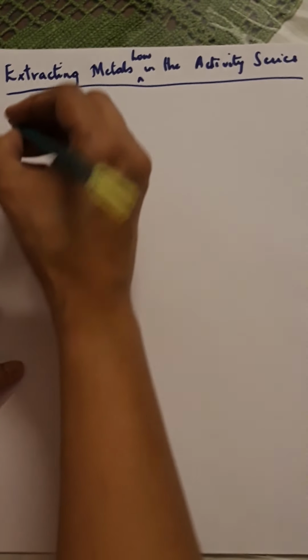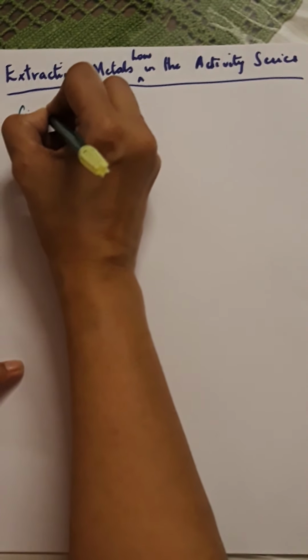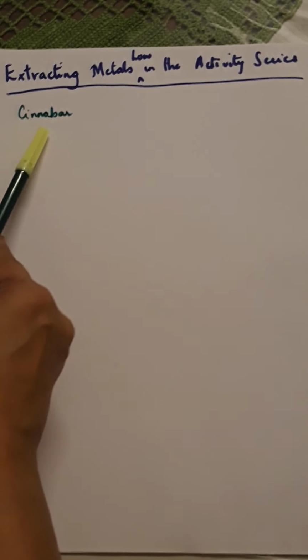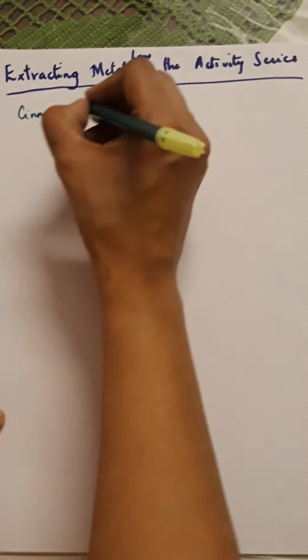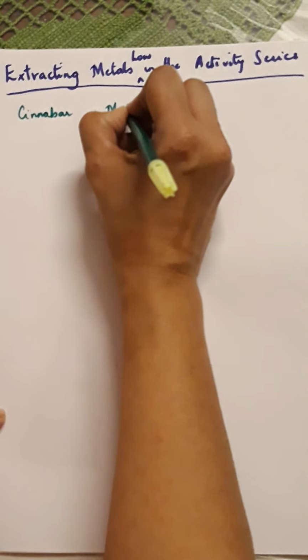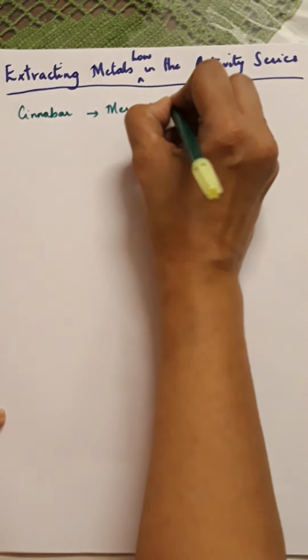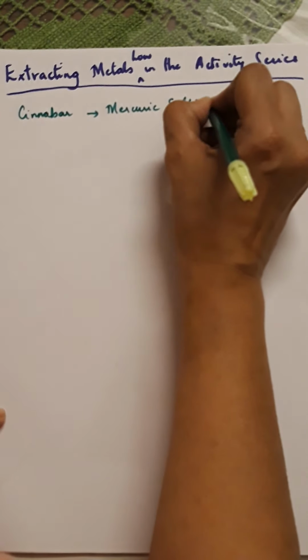Now, the ore that contains mercury is called cinnabar. Cinnabar is the mineral or the ore that contains mercury. Cinnabar is nothing but mercuric sulphide. How do we write the formula of mercuric sulphide?